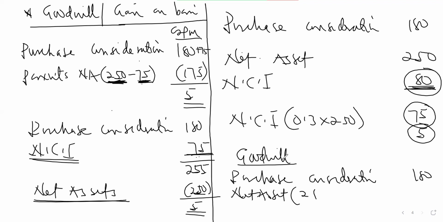That will give you 250 minus 80 rather, because the NCI is now having 80 of this. So that will give us 170. So this will now give us 10. So the goodwill, this 10, NCI is having 5 and the parent is also having 5. But what you do is that it's an asset. They are all goodwill, so we just put the figures together as goodwill.